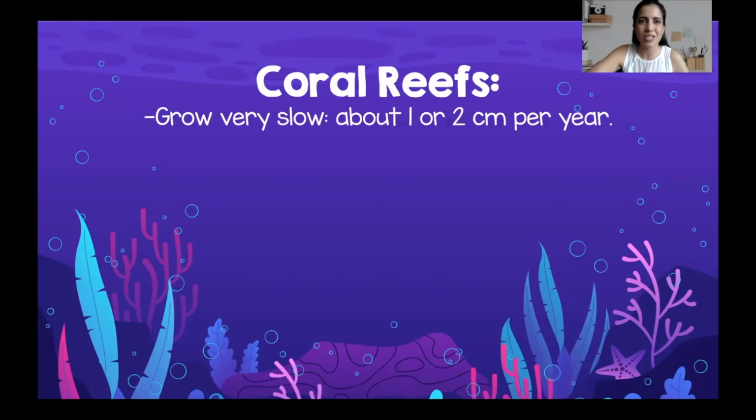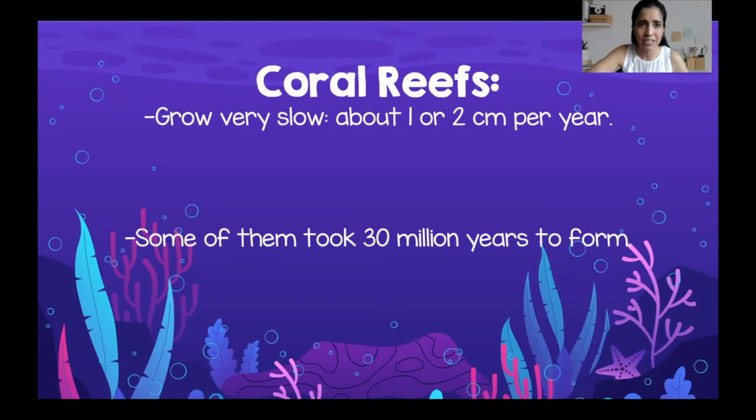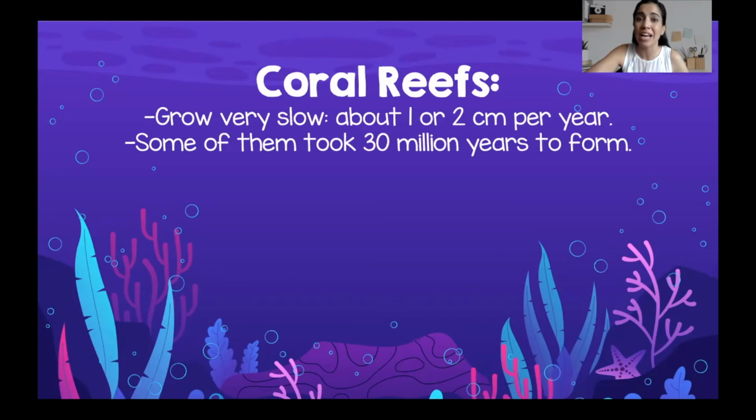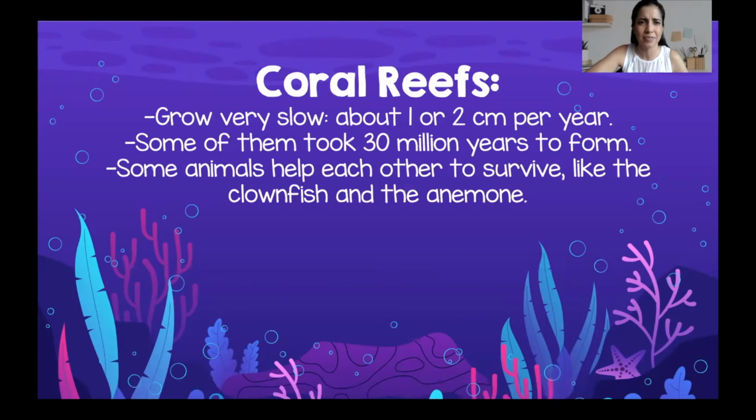So coral reefs, they grow very, very slow, about 1 or 2 centimeters per year. Imagine. So some of them, they took like 30 million years to form. 30 million. How old are you? Not even your grandparents, right? Oh, way more than that.